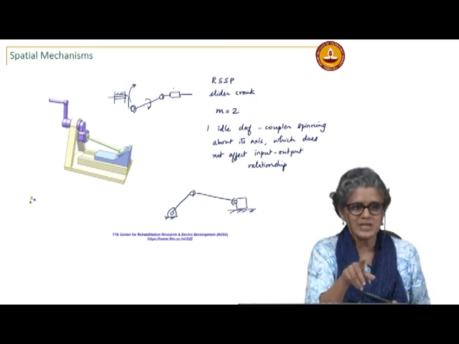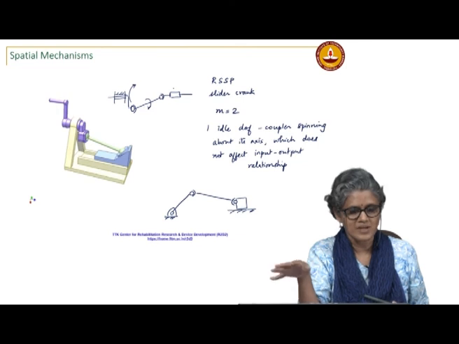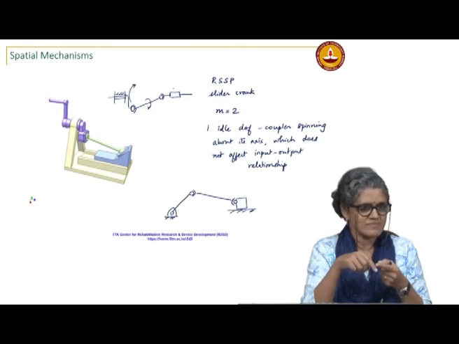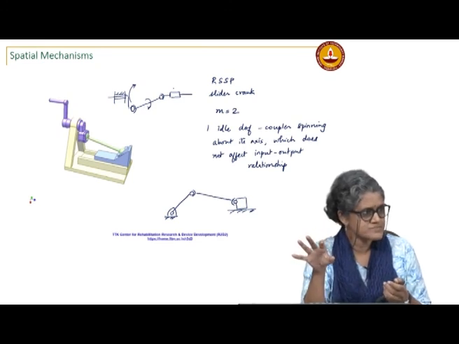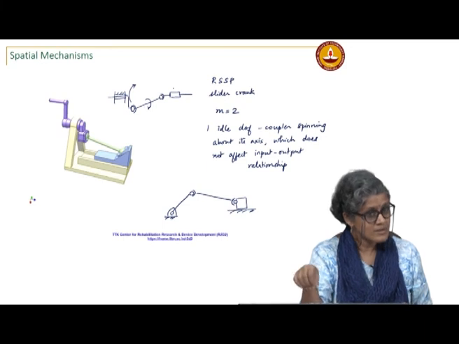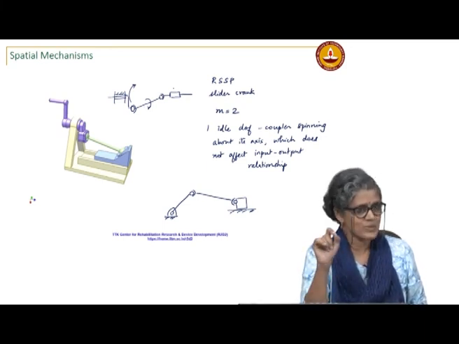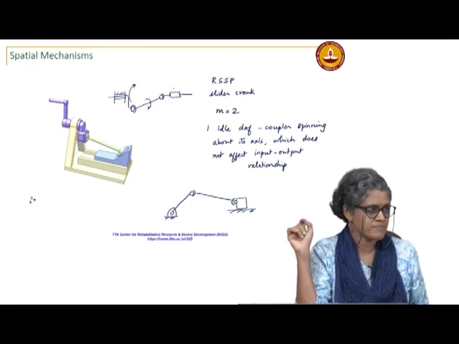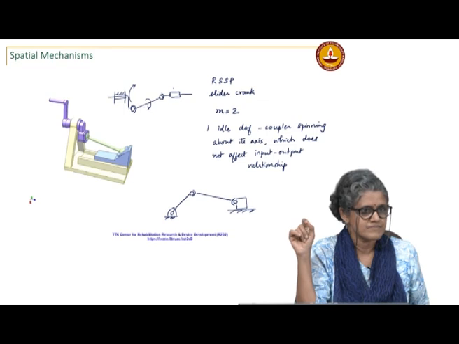If you have mobility equal to 0, nothing moves, like a truss, 3 links pinned together. Here you are moving the input link and have no motion of the output link. It is a special case of movement where you are getting a dwell. Mobility is still 1.